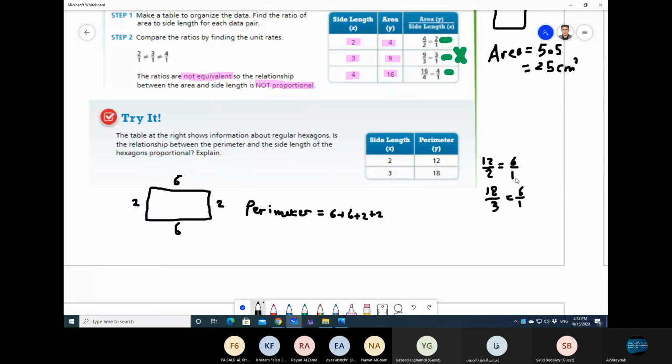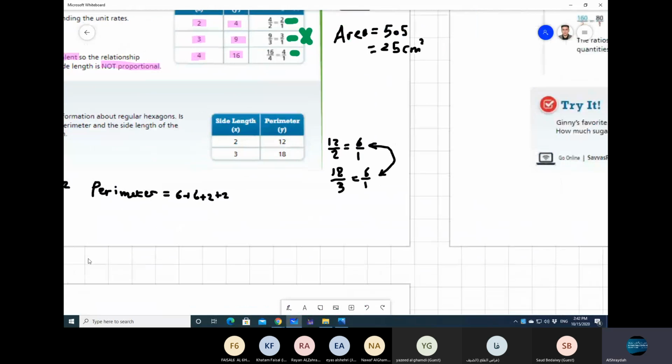What do you think? As the ratios here are equivalent, you can say that the relationship between perimeter and the side length is proportional. Okay.